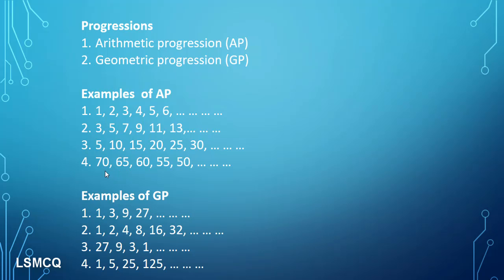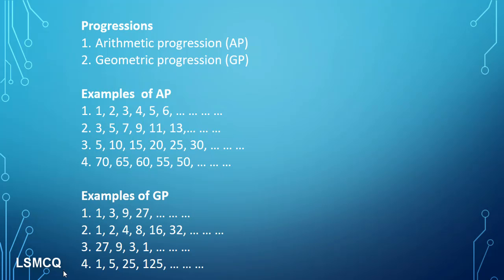So 70 minus 5 is 65, 65 minus 5 is 60, minus 5 is 55, 55 minus 5 is 50. So that's the way this series has progressed. I hope you have some basic understanding of AP now.